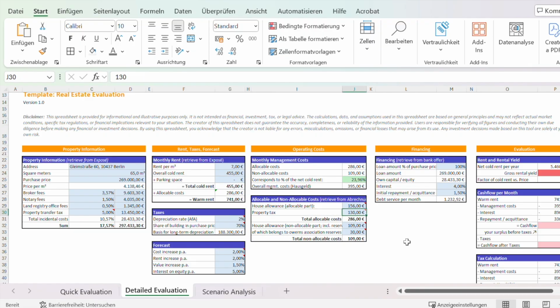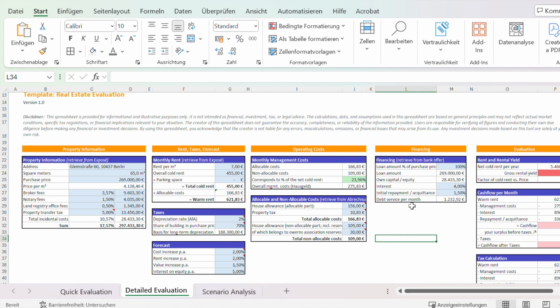I'd say for this larger apartment, like the one we're looking at the moment, you pay roughly, I don't know, 130 euros per year, so 130 divided by 12. That's an additional roughly 11 euros per month, which gets added to the allocable costs, meaning the renter has to pay for it, right? So that's what is important here now.